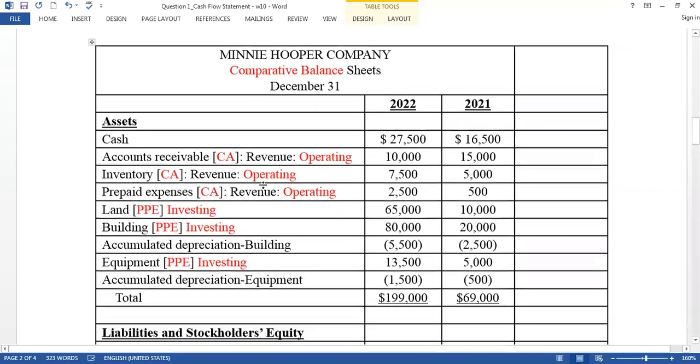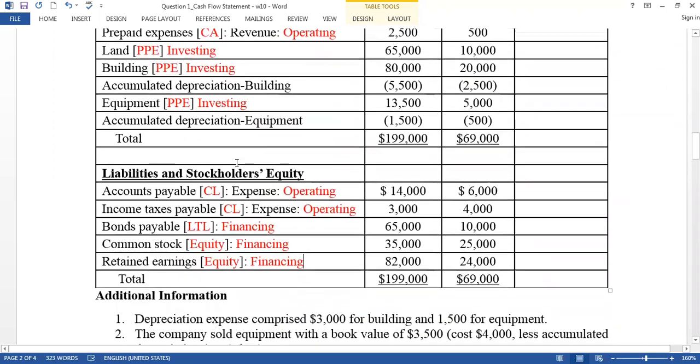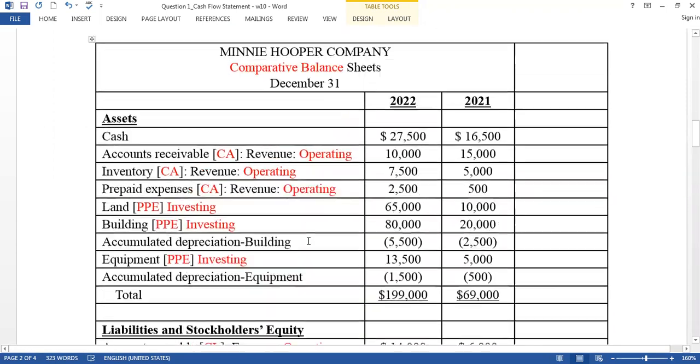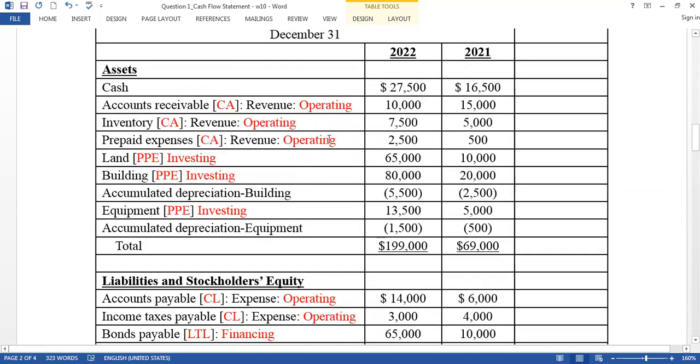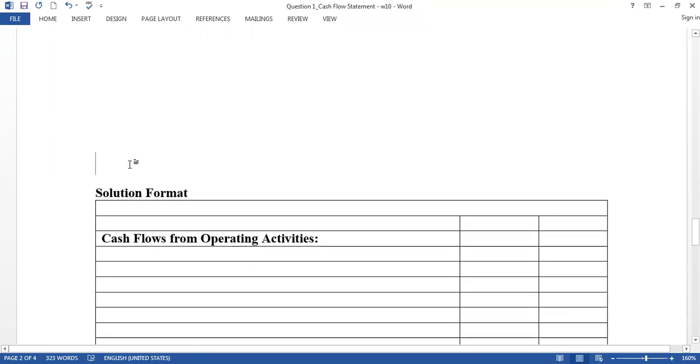So from here we figure out which are the current assets, the property, plant, and equipment, the current liabilities, the long-term liabilities, and the equity, and where we should transfer them, right? Because we have to separate. Look at the format of the solution.